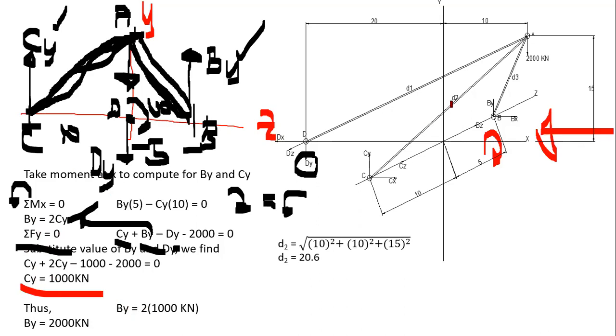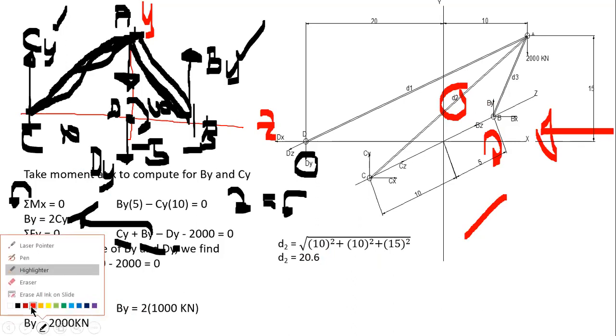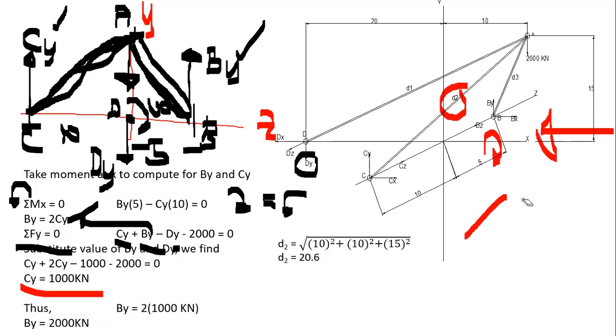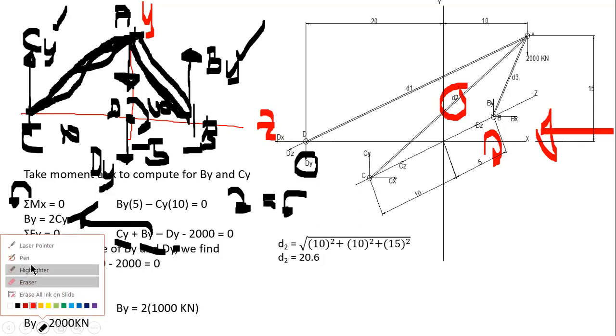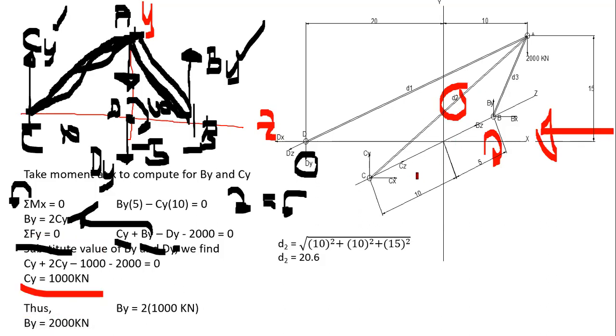And then dito, dapat i-calculate natin. Similar yung kanina. Bakit tatlo ito? Okay? So makikita mo, if you remember yung discussion natin sa 3D force system, madali lang siya matandaan. Ito lang.